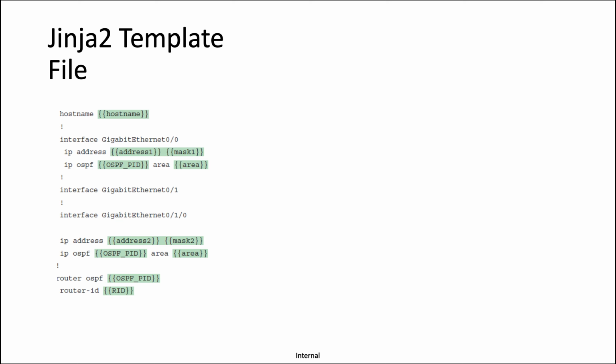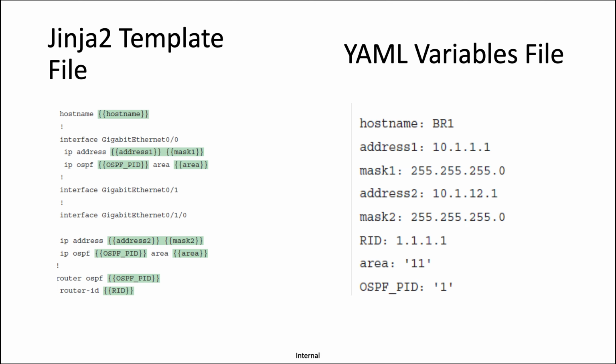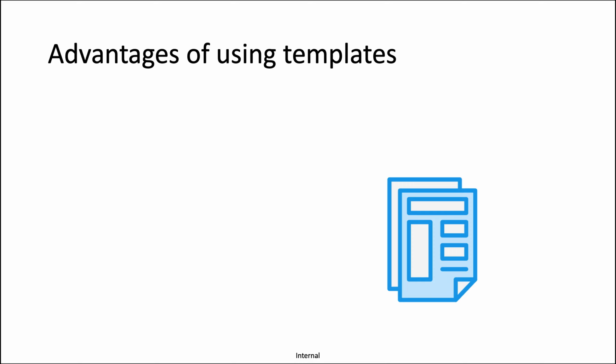And to supply the values for a device, Ansible calls for defining variable files using YAML. So this is the syntax for defining the variable in YAML: host name, address, mask, OSPF details and everything.